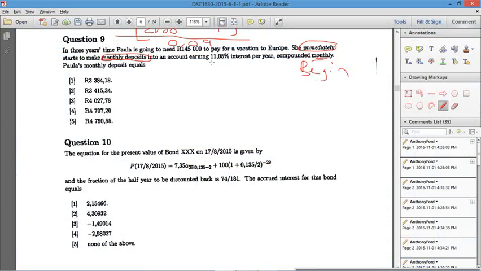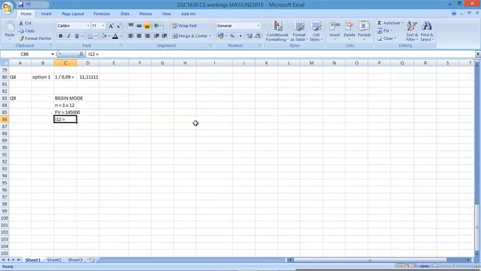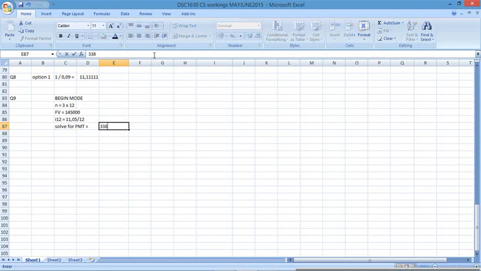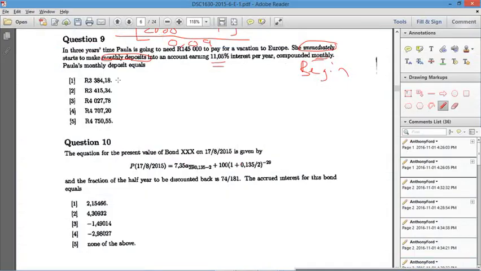The I here was 11.05%. If you solve for the payment, I'm going to get 3384, option number 1.